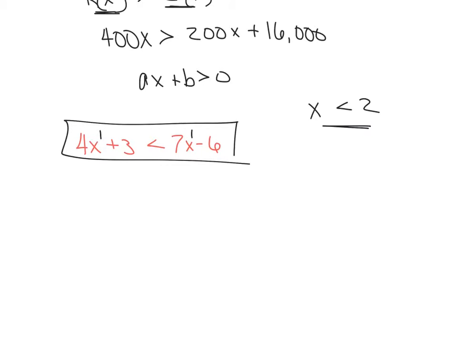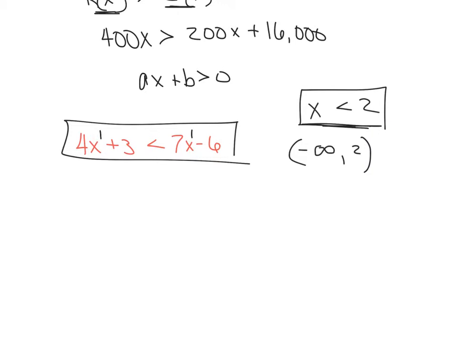The solution to an inequality can be written as an inequality or in interval notation. All right, this is written as an inequality right here. If I wanted to write this in interval notation, I would write it as negative infinity to 2, like that.